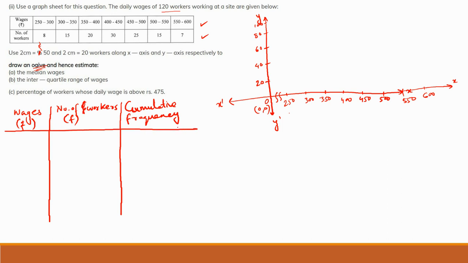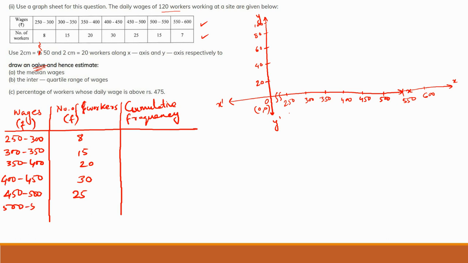So you see the wages given: 250 to 300, number of workers is 8. 300 to 350 is given as 15, 350 to 400 as 20, 400 to 450 as 30, 450 to 500 as 25, 500 to 550 as 15, and 550 to 600 as 7.